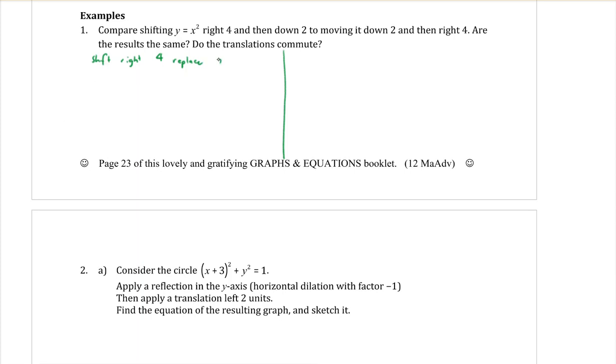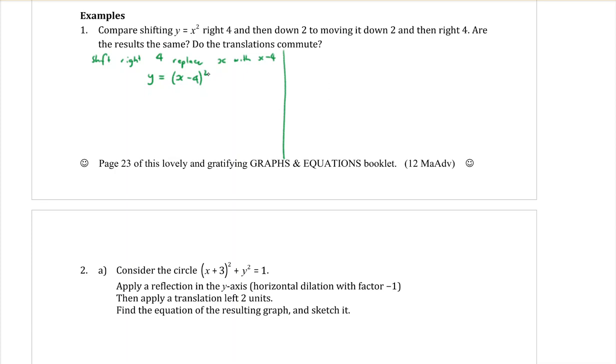Yes, it is the x-axis, and because we're going to the right, it's going to be x minus 4. So we're replacing the x with x minus 4. So that means my equation is going to become, instead of y equals x squared, I'm replacing the x with x minus 4. So it's x minus 4 squared.